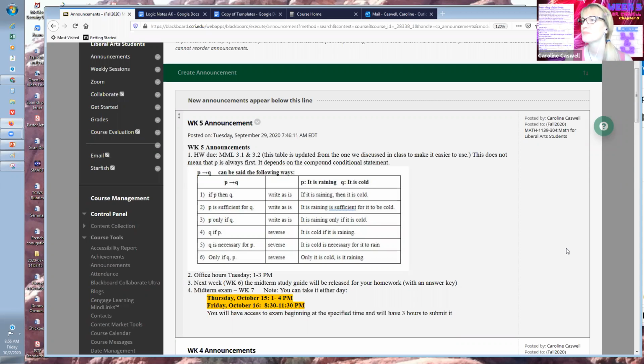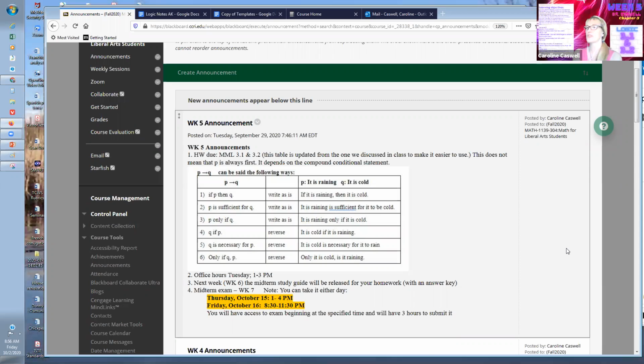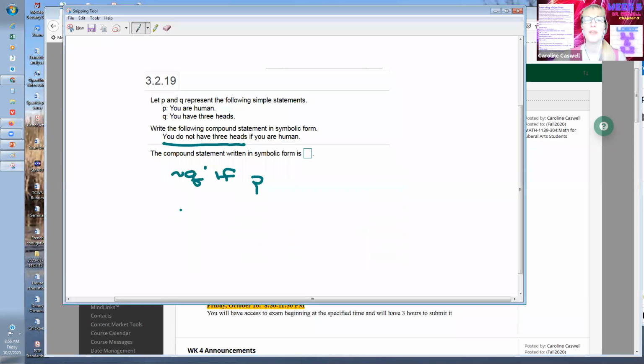So if it says Q if P, we reverse it, which is exactly what we're going to do. Except my little arrow guy's not working. There we go. So to rewrite this, my actual statement is if P then not Q, sorry.